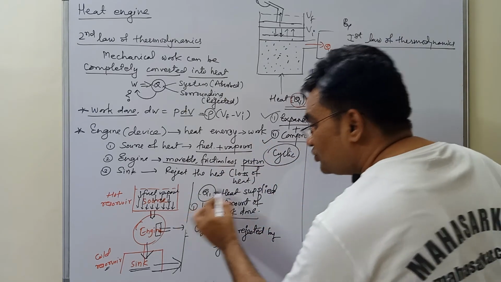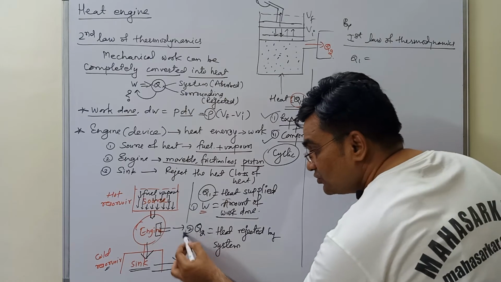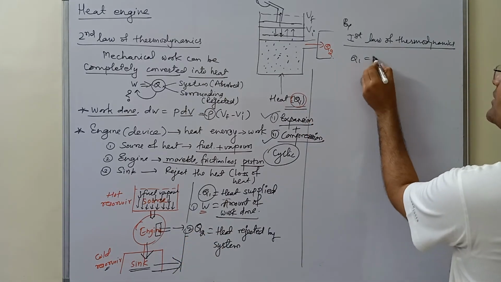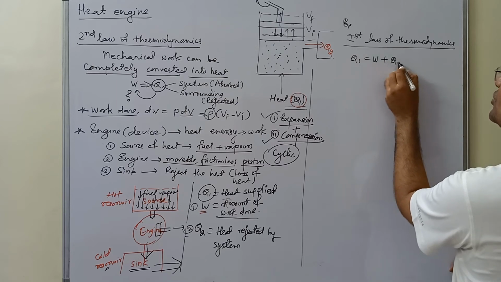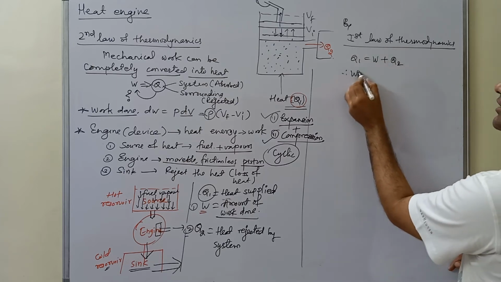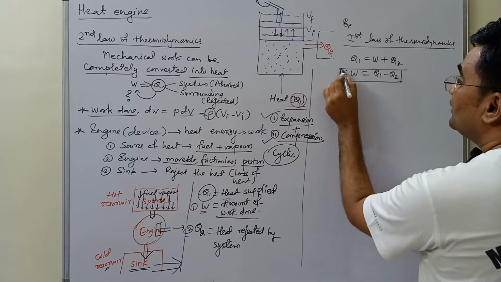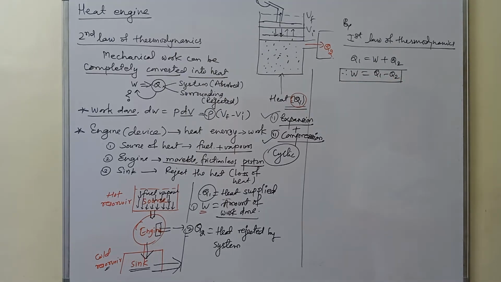Part of heat is used to do the work and part of heat is used to get rejected from the system. So according to first law of thermodynamics, W plus Q2 will be the equation, or W equal to what? Q1 minus Q2. This will be the expression for work done in the heat engine.